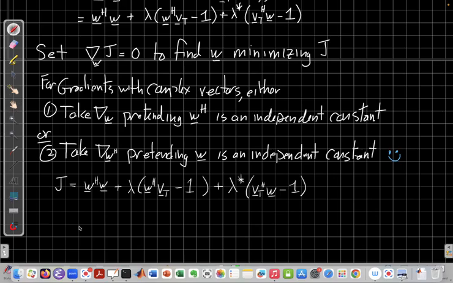Right, so now when we take the gradient with respect to W Hermitian of the first term, I'm left with just the W. For the second term, the minus 1 term goes, the gradient is 0, and I'm left with a plus lambda V. And for the third term, when I'm taking the gradient with respect to W Hermitian, this W is like a constant, so this whole thing is an independent thing. The whole gradient of this last term goes to 0.